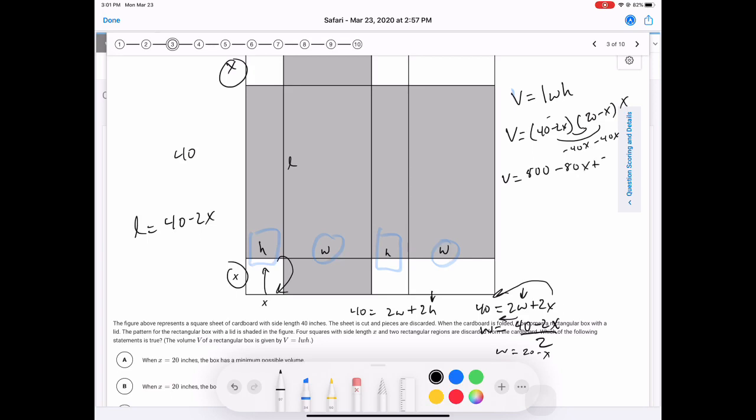Then plus 2x squared multiplied by x. The volume, rewriting it, is equal to 2x cubed minus 80x squared plus 800x.